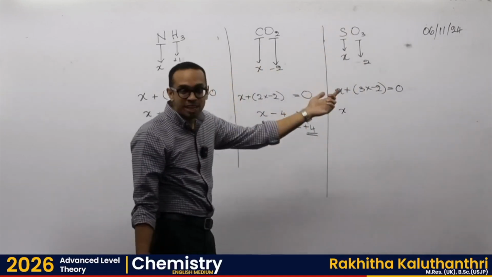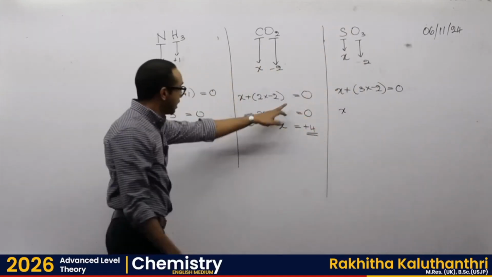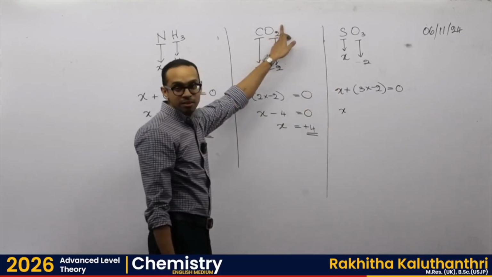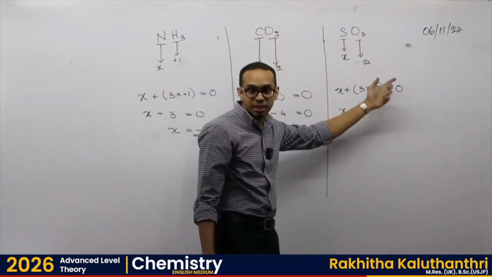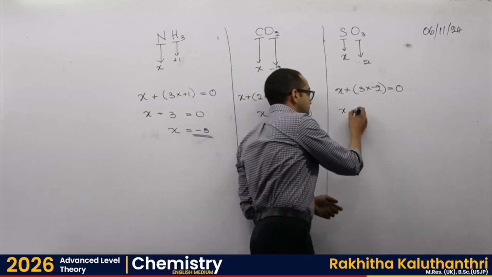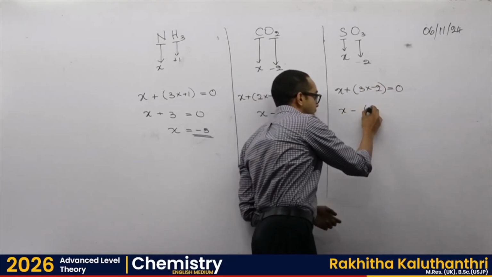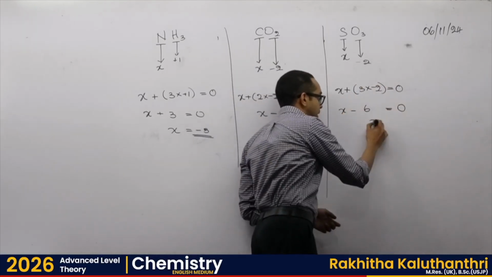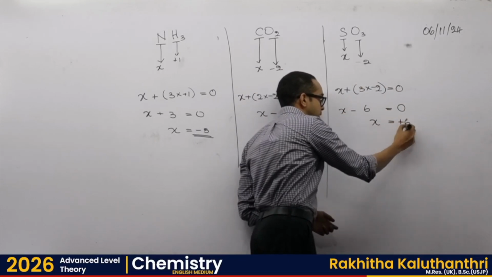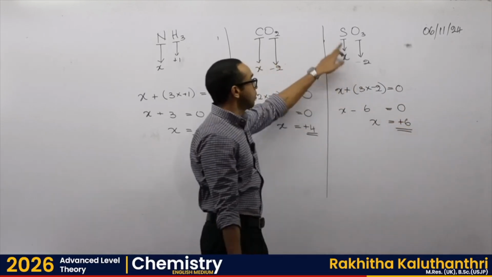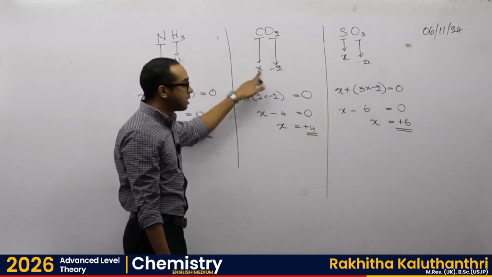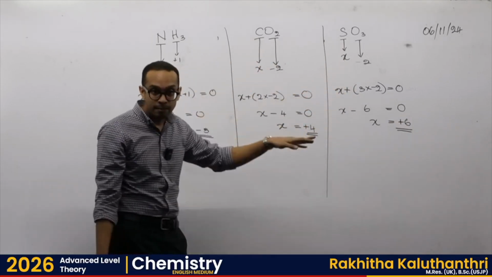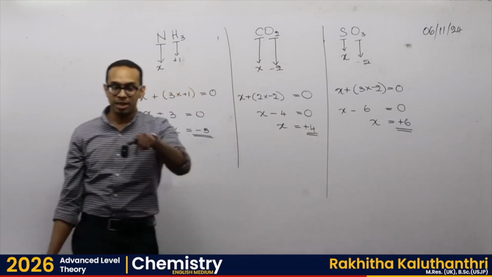The molecule doesn't have a charge here, it's 0, so the 0 indicates that this is neutral. If there was a charge, we would write the charge here. So X - 6 is equal to 0. That means X is equal to +6. So the oxidation number of sulfur is +6, and the oxidation number of carbon is +4. Is that clear?